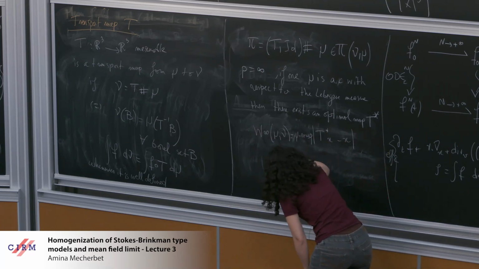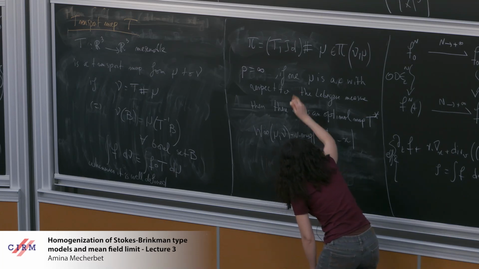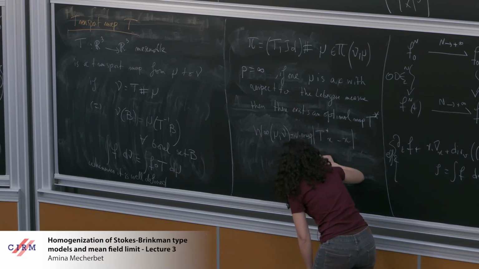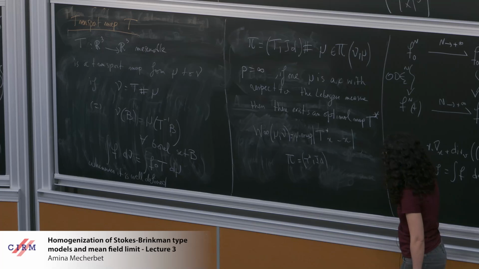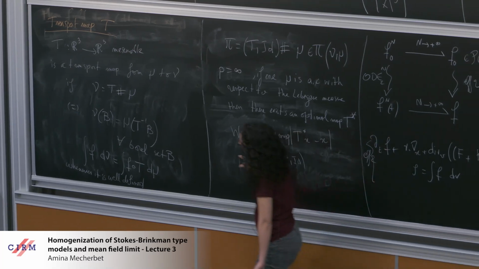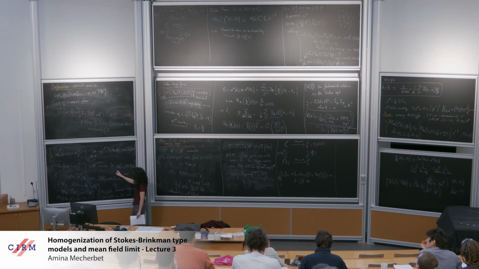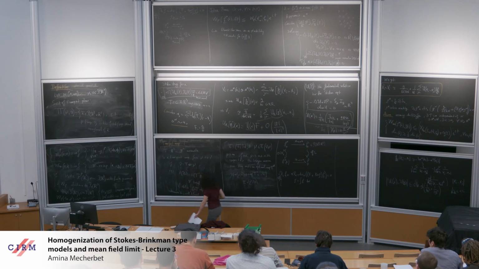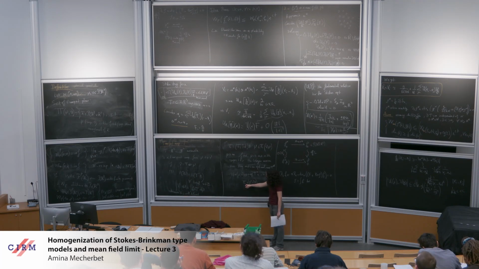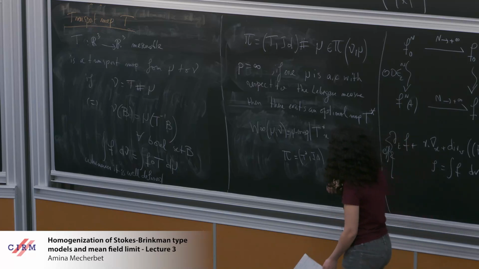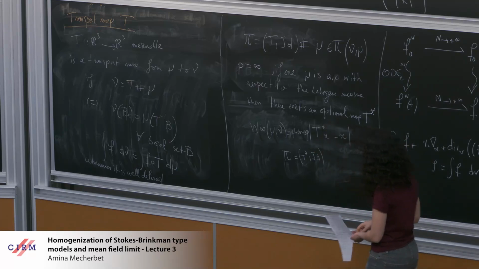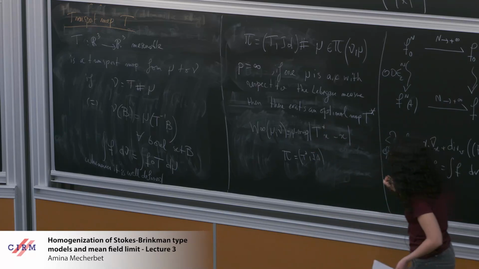Meaning that I use this optimal plan, and when you compute the essential supremum for this plan, it's like computing the essential supremum of |T star(x) - x|.